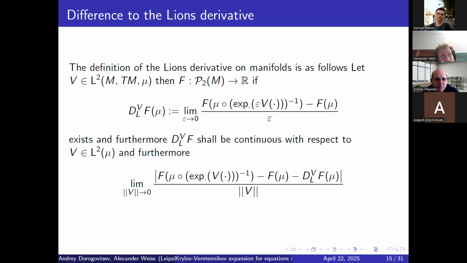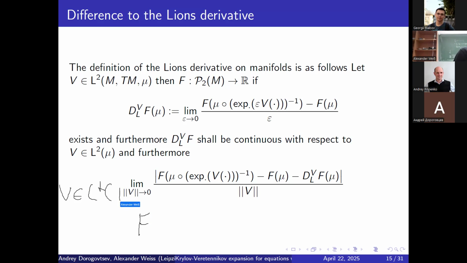Can you explain this derivative, for example, if the manifold is just Euclidean space? I don't understand these non-smooth vector fields. Okay, let me write it down. So if we have R^D, we look at V in L2 from R^n to R^n, mu.